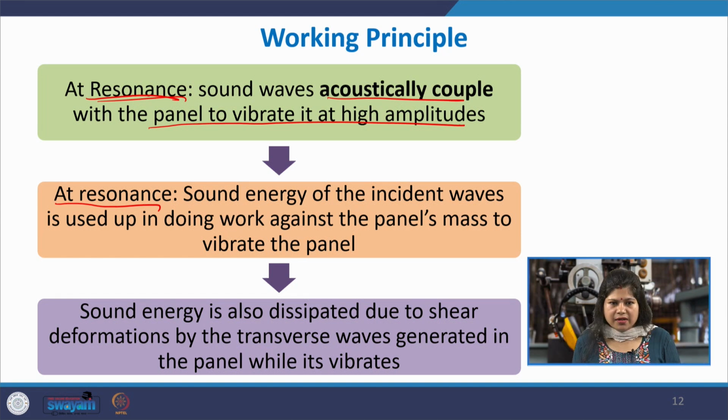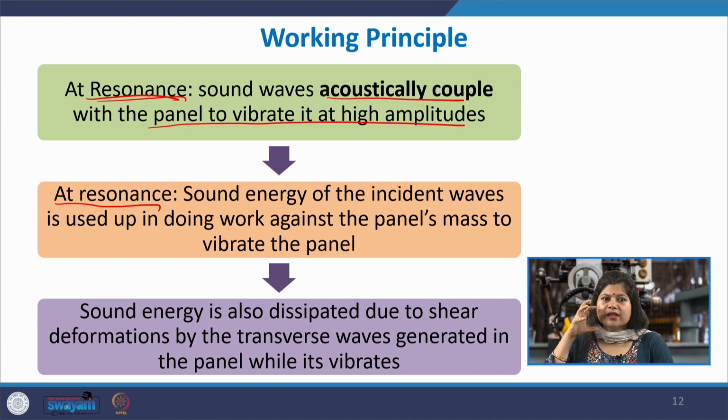Or another way of saying it: when the noise source is creating a frequency which matches with the frequency of the panel, then at that frequency whatever sound waves are coming out of the noise source will actually get used up in driving the panels to vibrate at high amplitudes. So, the noise is going to go down, but the panels will be set into vibration.